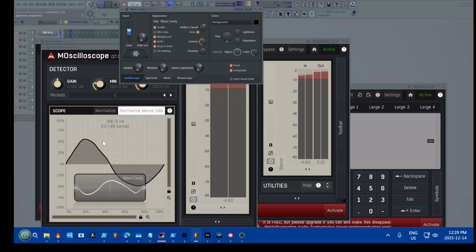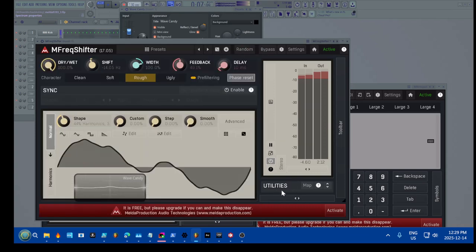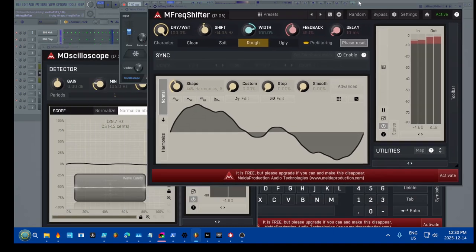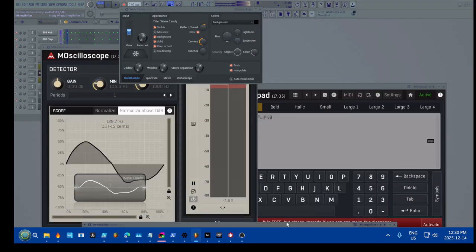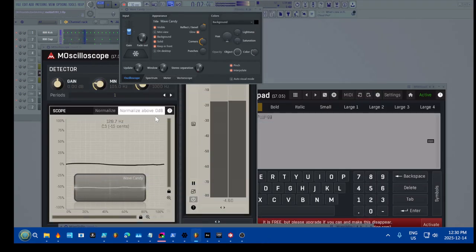Still, I think this oscilloscope is fairly basic. You could probably develop it quite a bit more, but it's sort of cool. What it does offer is the basic oscilloscope. What else is in?